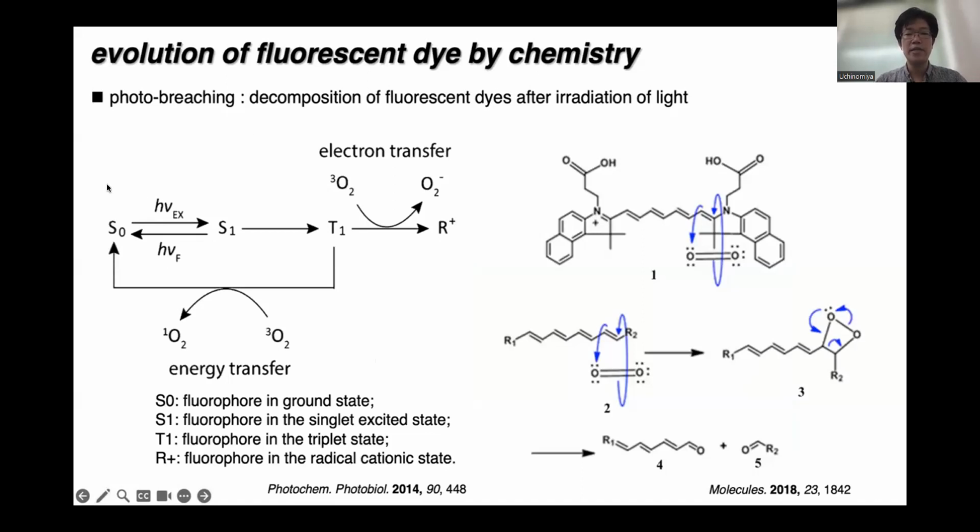After irradiation with light, the compound becomes an excited state, and usually the electron goes back to the ground state. However, some compounds react with oxygen species, resulting in decomposition of the fluorescent dye. This is another case of photobleaching by irradiation of light. Anyway, the excited fluorophore reacts with oxygen species.